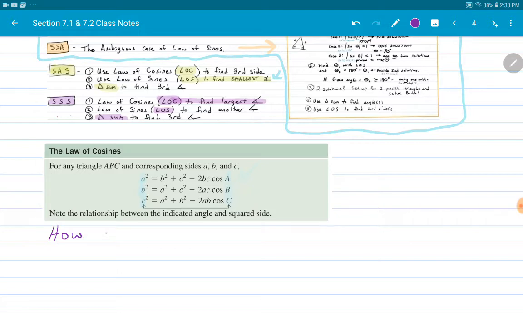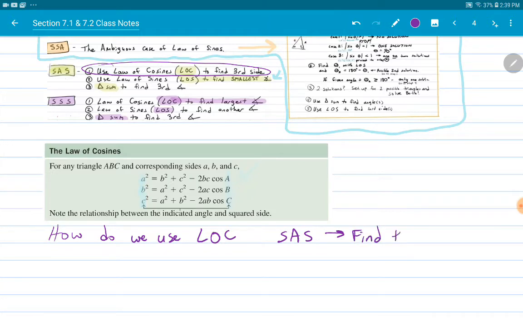How do we use the law of cosines? For side, angle, side, that first step is to find the third side. So our first step is to find the third side.